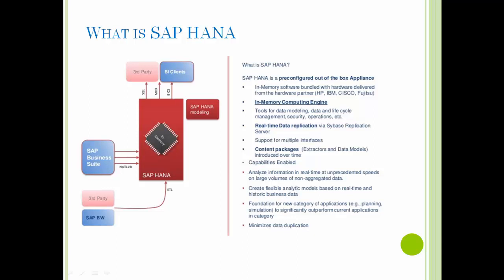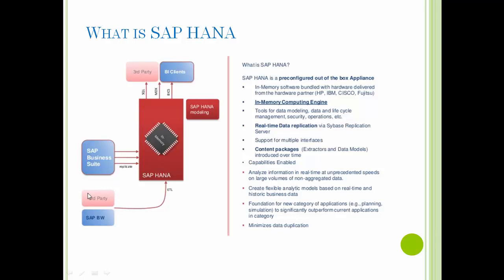And here we have HANA modeling flexibility, that is, build your own analytical models based on the business. On the left side, we can see SAP solutions, be it BW or Business Suite solutions, replicating their data to leverage the SAP HANA advantages.